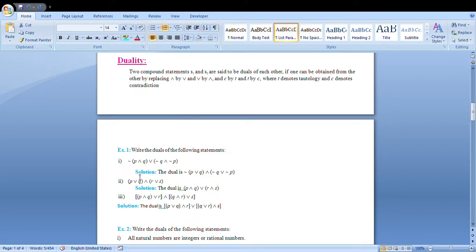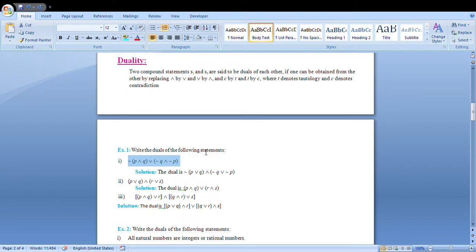And if the question contains T, you have to write C. So let us consider some examples. Concentrate only on the symbols or, and, C, T. So this is the first example. Negation remains negation. P. In case of and, write or. Q remains Q. In place of or, write and. The negation sign remains as it is.